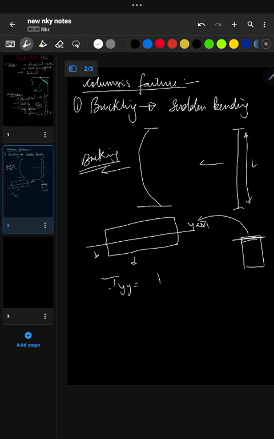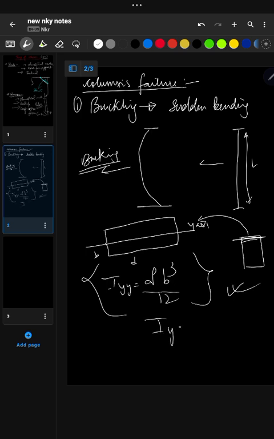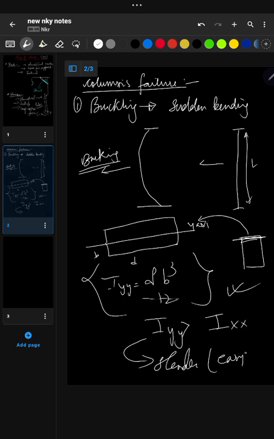Iyy equals db cube by 12. This is the area moment of inertia. If the area moment of inertia is greater about the y axis than the x axis, then it is known as slender. Slender means easy to buckle.